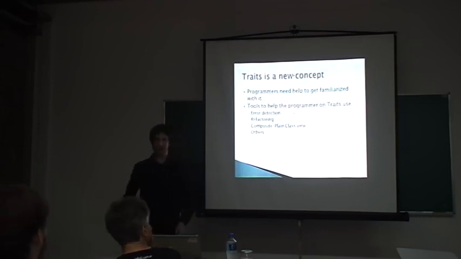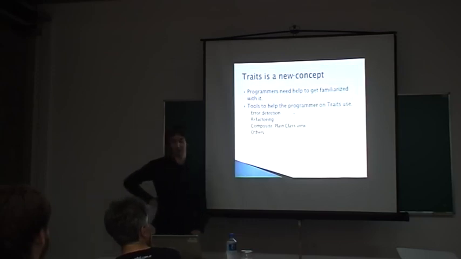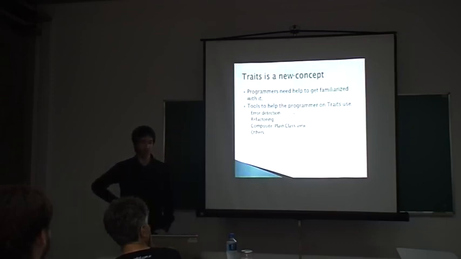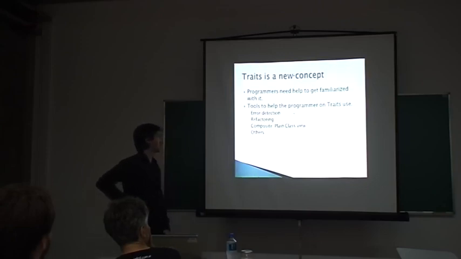Well, traits are a new concept, so what do programmers need to use traits? Well, the programmers need help to get familiarized with the new concept of traits, and also tools to help introduce traits in their programs, right? So it would be nice for a programmer to have error detection tools, refactoring tools, and a composite class view, because you have different points of view to consider a class.